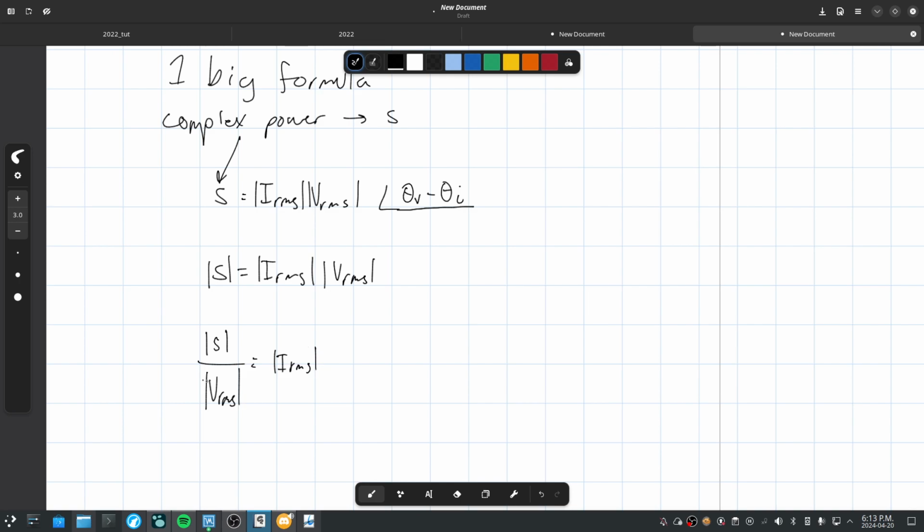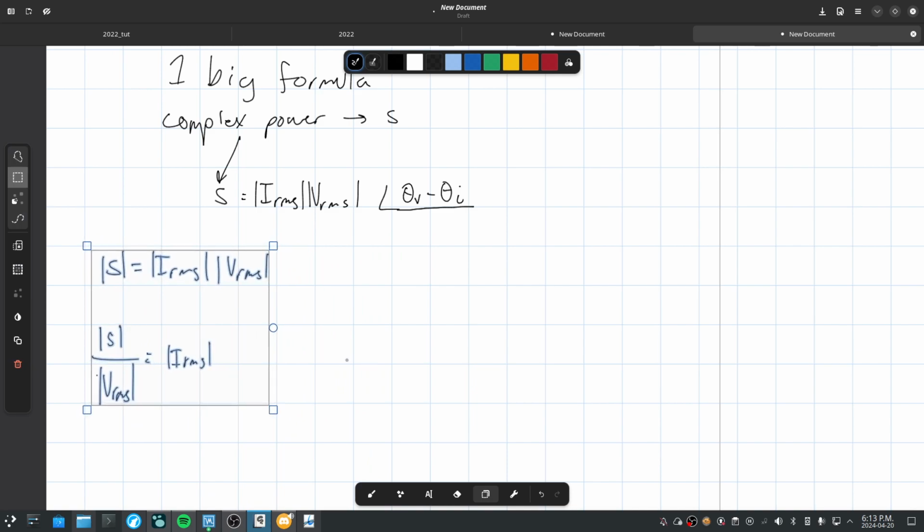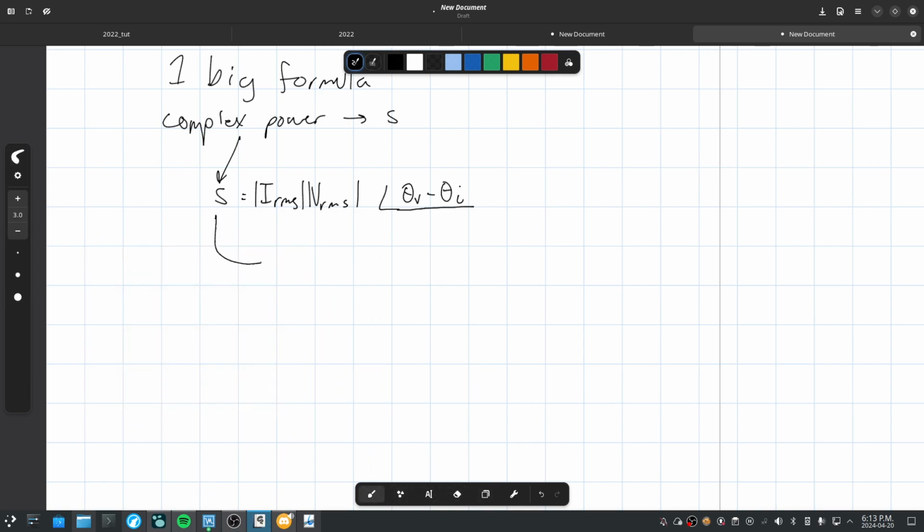Okay, I'm going to get to that point. Don't worry. The second part that splits out from S is that the real component of S is the average power, and the imaginary component of S is the reactive power.